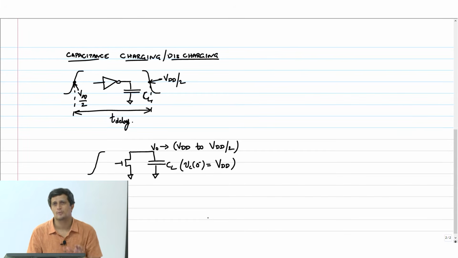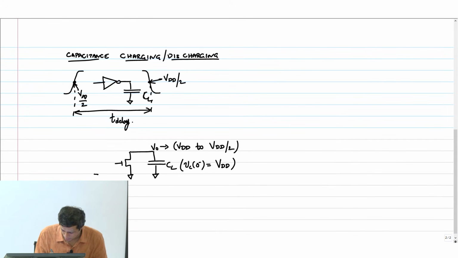So we have to make some approximations to get a first order number, and then we'll incorporate this input slew later on. So the assumption we are going to make is the input rises instantaneously, 0 to VDD.